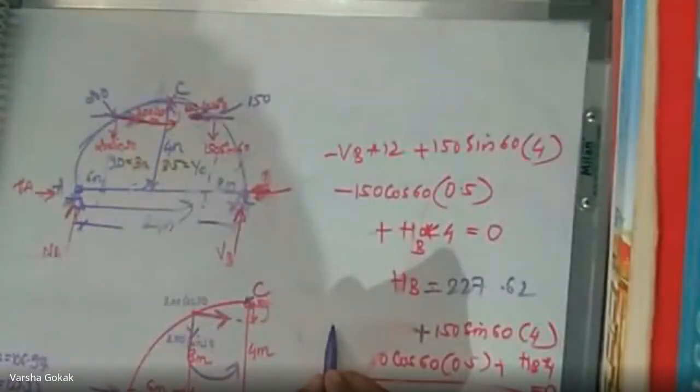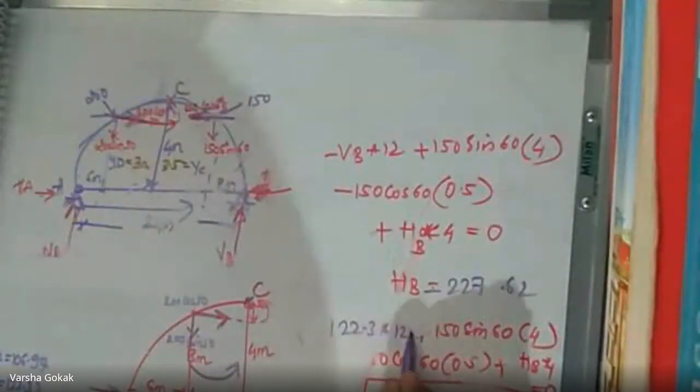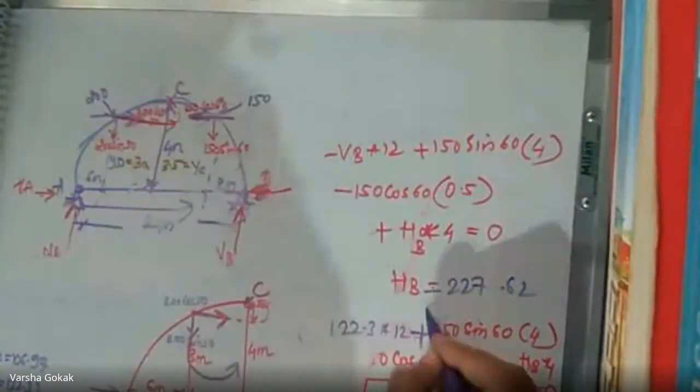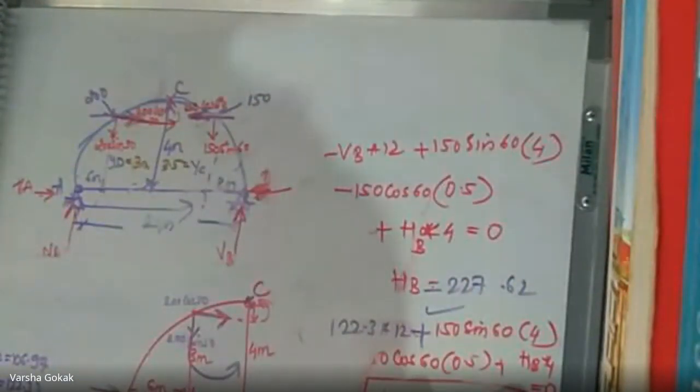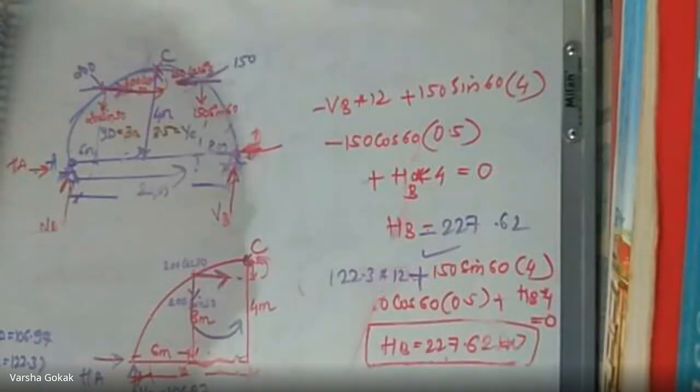Sorry, this was how much? 122.3 into 12. This should be plus 150 sine. Yes, correct. Now you get 227. You're getting 227 when we take plus or with minus?